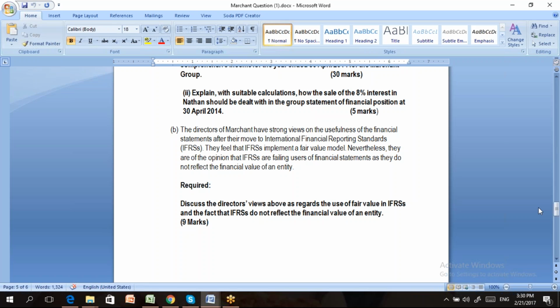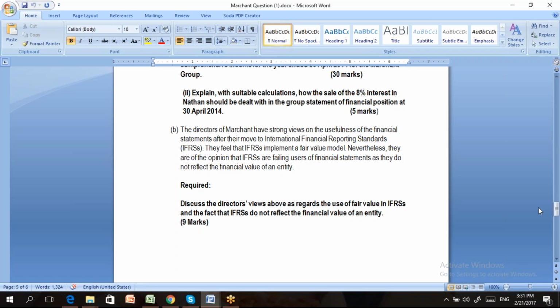So that is one standard which forces us to use the fair value concept. Now this is what the examiner was talking about. Is the IFRS useful in making these fair values for the business? We know, yes, in acquisitions we have to bring the fair value.